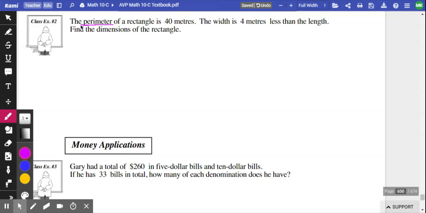For us, this question is saying the perimeter of a rectangle is 40 centimeters. What that means is that if you took a rectangle and you added all its sides, it would equal 40.